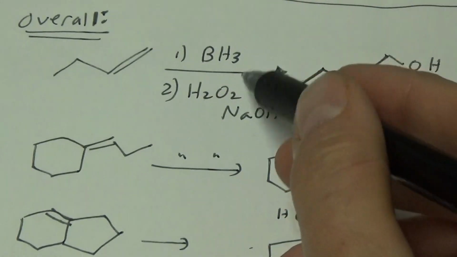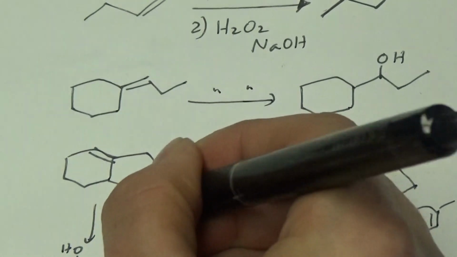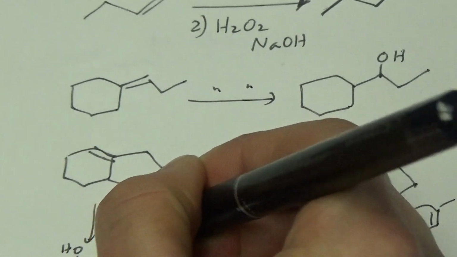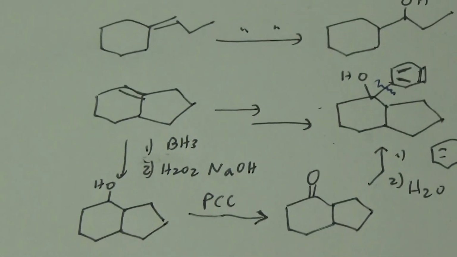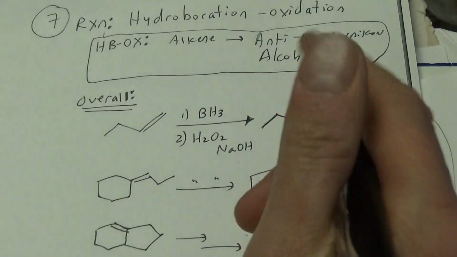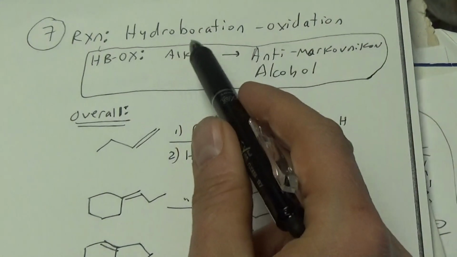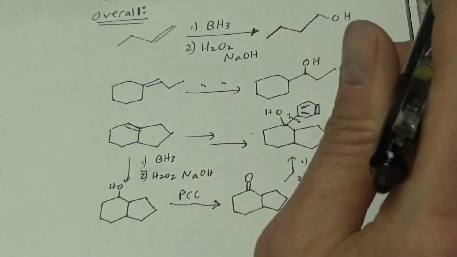It's BH3, H2O2, NaOH. BH3, H2O2, NaOH are the conditions for the hydroboration oxidation, and it's going to involve boron, BH3.